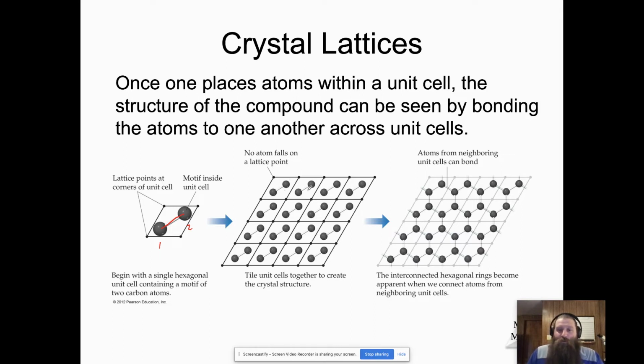So I repeat this lattice over and over and over. And then I bond across the lattice, right? So I form the bond, and that's where I start to see, in this case, my sheet of carbon. I think this would be a carbon sheet, right? So there we go. And in this case, we get a hexagonal shape.